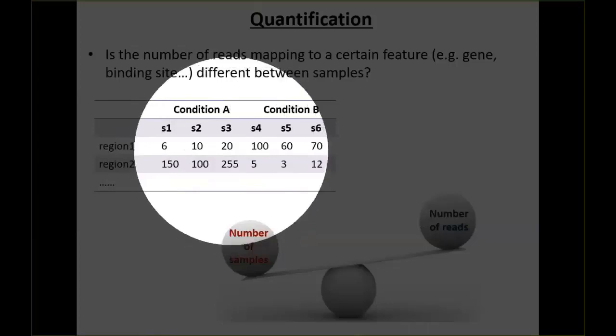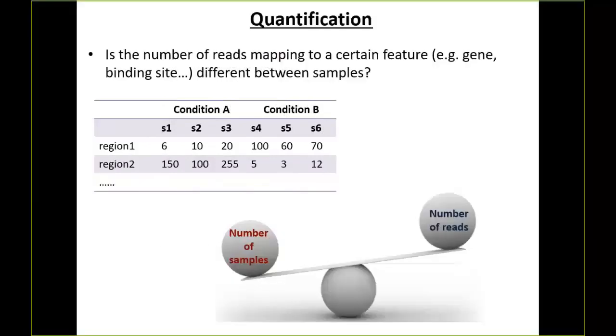We see that in condition A, in samples 1, 2, and 3, region 1 is very underrepresented, and in condition B, in samples 4, 5, and 6, it's overrepresented. In region 2, that pattern reverses. So I don't know exactly what claim you'd make here, but we have some at least convincing data there might be something going on there.